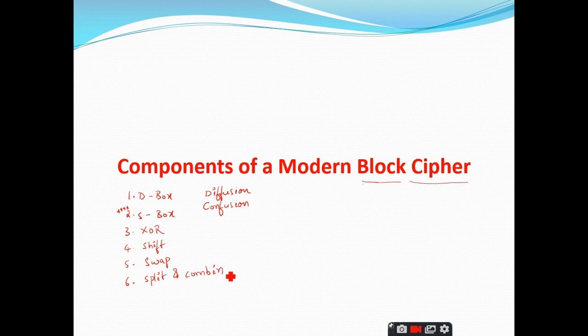So if somebody asks you the question on the components of the modern block cipher, you should tell all these things, right? You should explain all these things. What is the D box, what is the S box, XOR box, shift, swap, split and combine, right? I think we have started the concept with the P box, right?